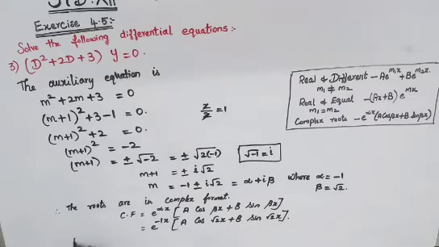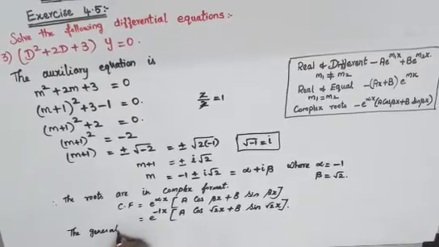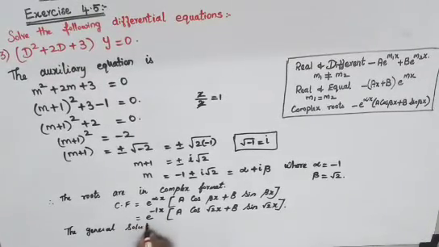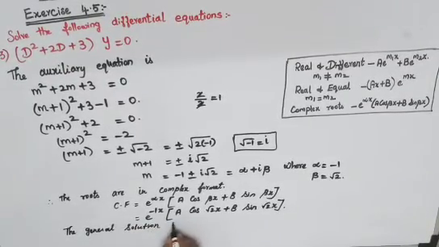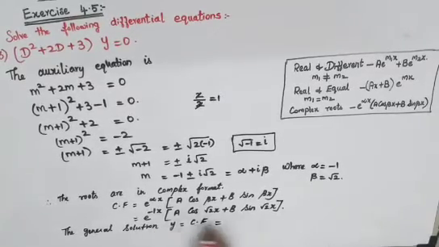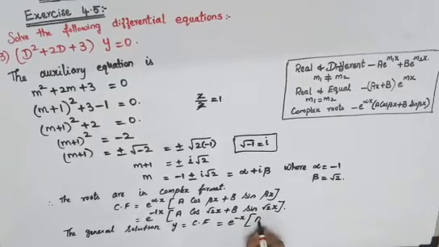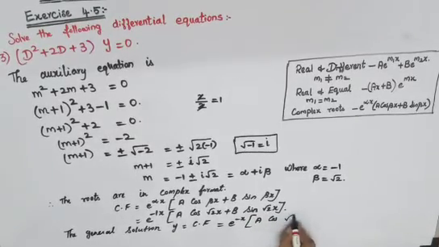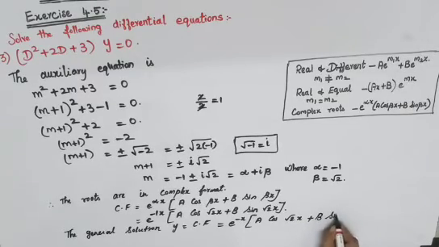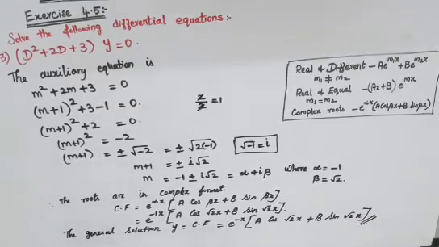Therefore the general solution is y is equal to CF, that is equal to your answer. This is e power minus x, open your bracket, a cos root 2x plus b sin root 2x. So this is the answer for your third question.